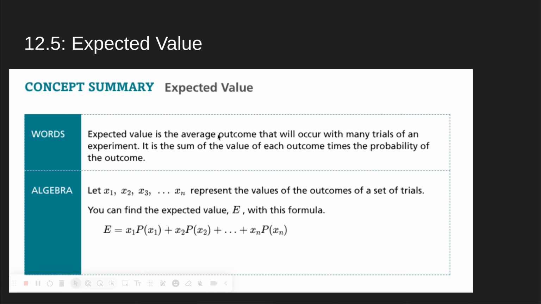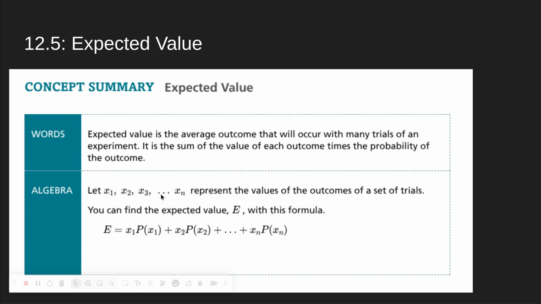Okay? So, expected value is the average outcome that will occur with many trials of an experiment. So, it's like what you expect to happen when you are doing an experiment that involves probability. Okay? So, let's see if we can read this carefully.